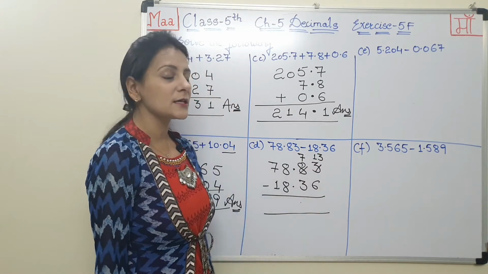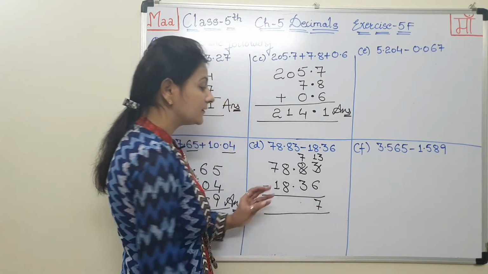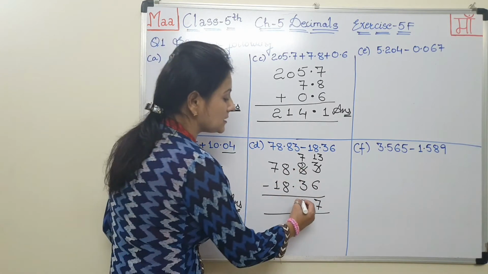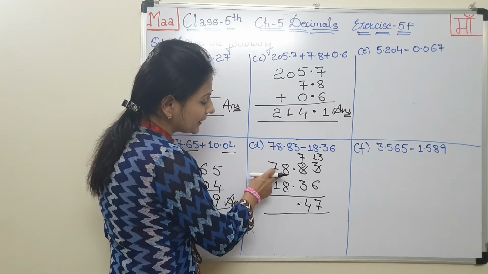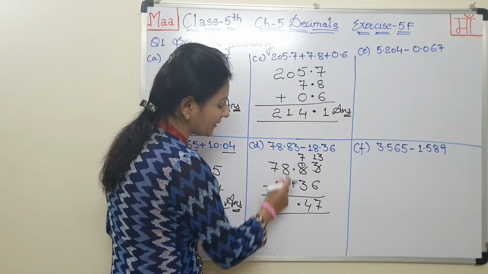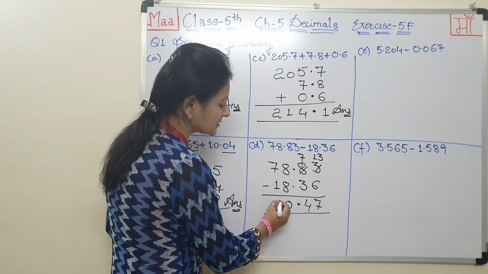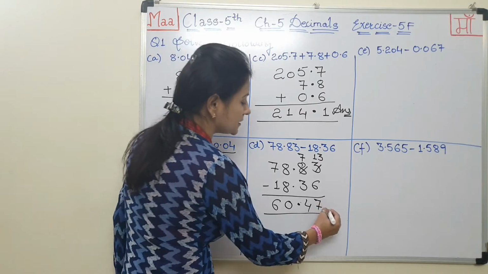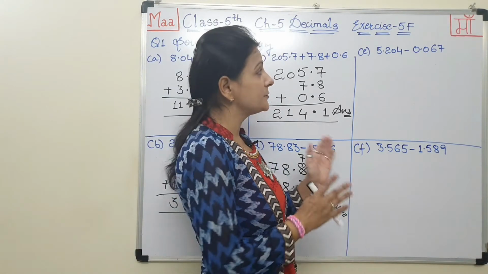Now 13 minus 6 is equal to 7. Then 7 minus 3 is equal to 4. The decimal point will come as it is. 8 minus 8 is possible. So 8 minus 8 will become 0 and 7 minus 1 is equal to 6. So the answer is 60.47. So let us now move on to part E.